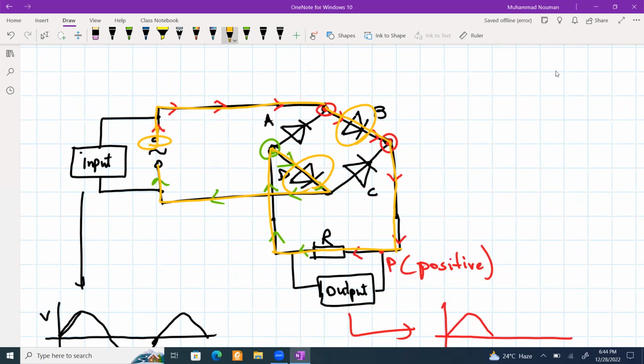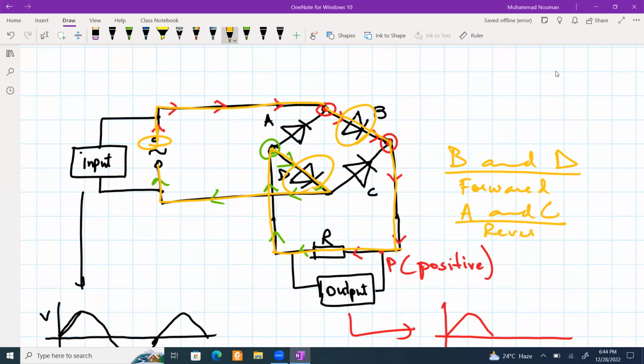Okay, so I say B and D are forward biased, and the other two are going to be reverse biased.